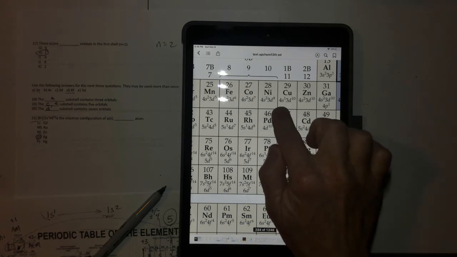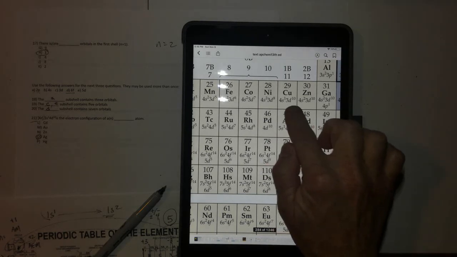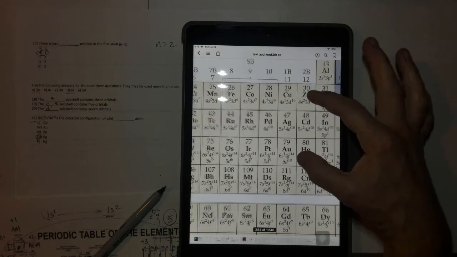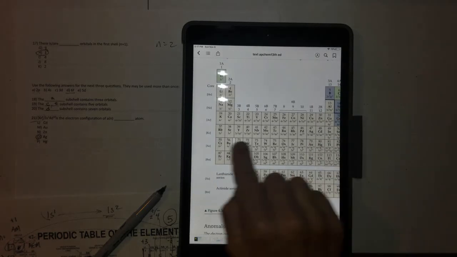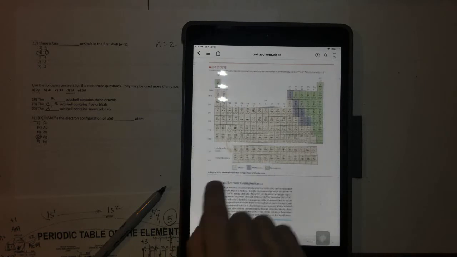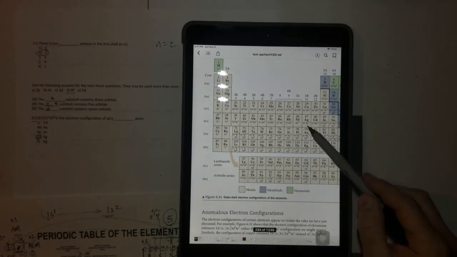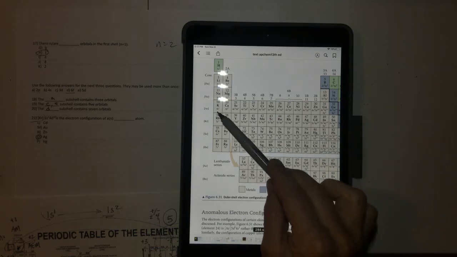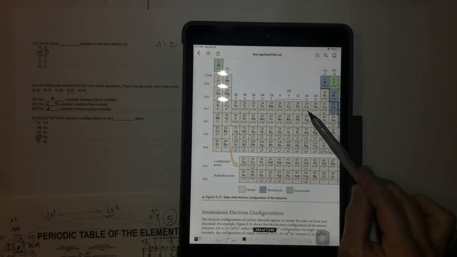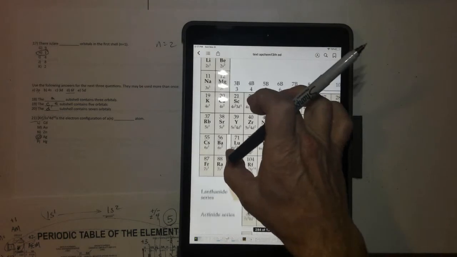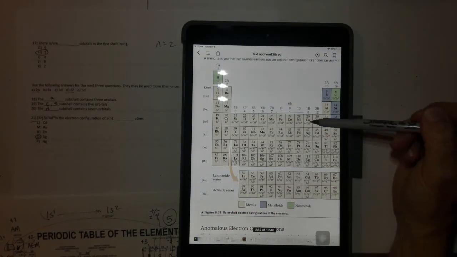You can see copper also does that, 4s1 3d10, even though you normally would think that this would be 5s2 4d9, and this would be 4s2 3d9. But notice it takes one electron from here and promotes it into the d sublevels to make those filled.